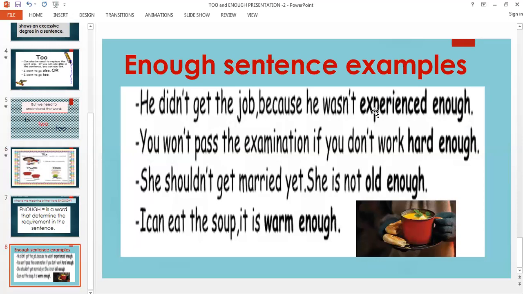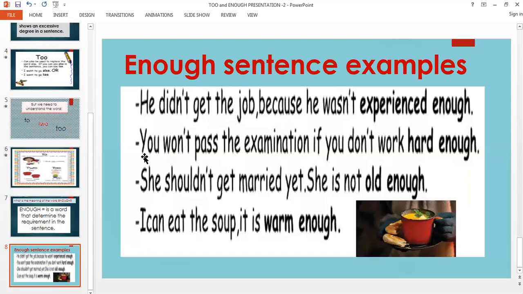It's not sufficient. That is the reason why he didn't get the job. So "he wasn't experienced enough" is the requirement in this sentence.